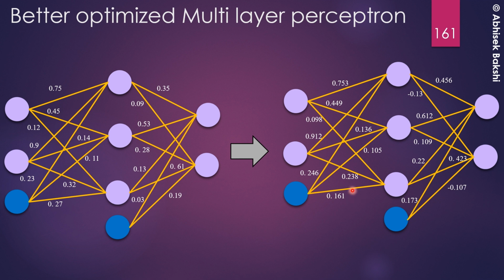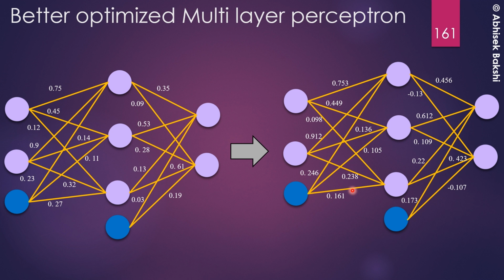I have just shown you only one forward pass and the corresponding back propagation. But once the new weights come, another set of input will be forwarded, another set of error will come, and again those calculations will be applied and some weights will be adjusted.